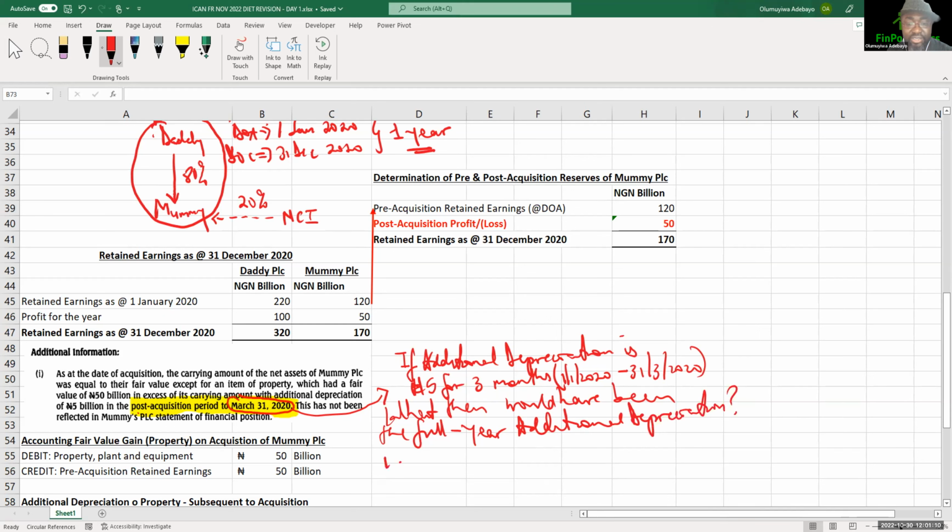Now, two things you state: the assumption you have made and why you have made such an assumption, and the full year depreciation. That's additional depreciation. Who will answer that now?